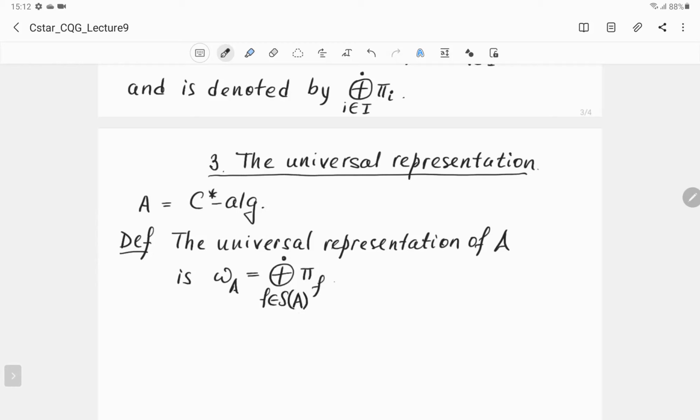So the direct sum is taken over the family of all states of A, that is, of positive functionals of norm 1. And this representation will be denoted by omega A.